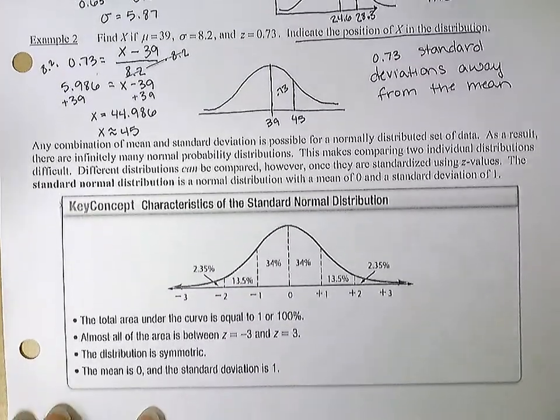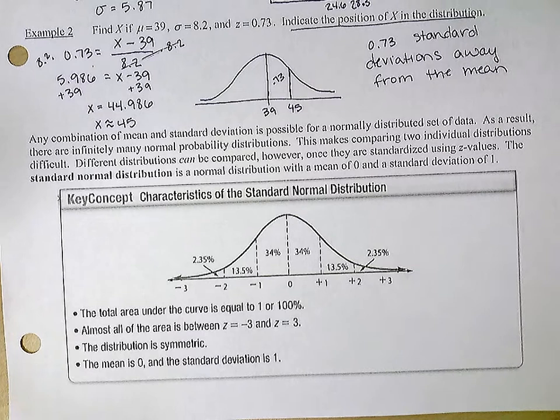All right, so any combination of mean and standard deviation is possible for a normally distributed set of data. As a result, there are infinitely many normal probability distributions. This makes comparing two individual distributions difficult. Distributions can be compared, however, once they are standardized using z-values. The standard normal distribution is a normal distribution with a mean of 0 and a standard deviation of 1.